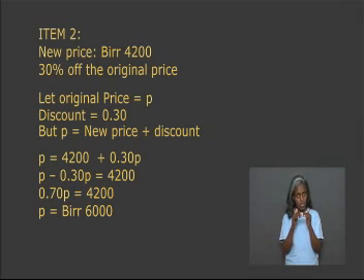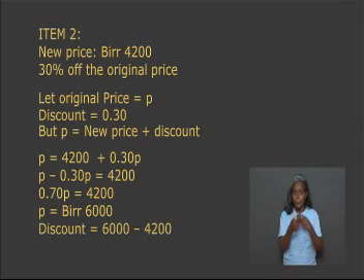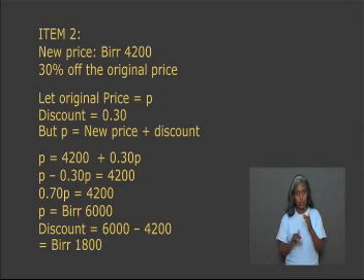P equals 6,000 birr. Therefore, the discount equals the difference between 6,000 and 4,200. The discount is 1,800 birr.